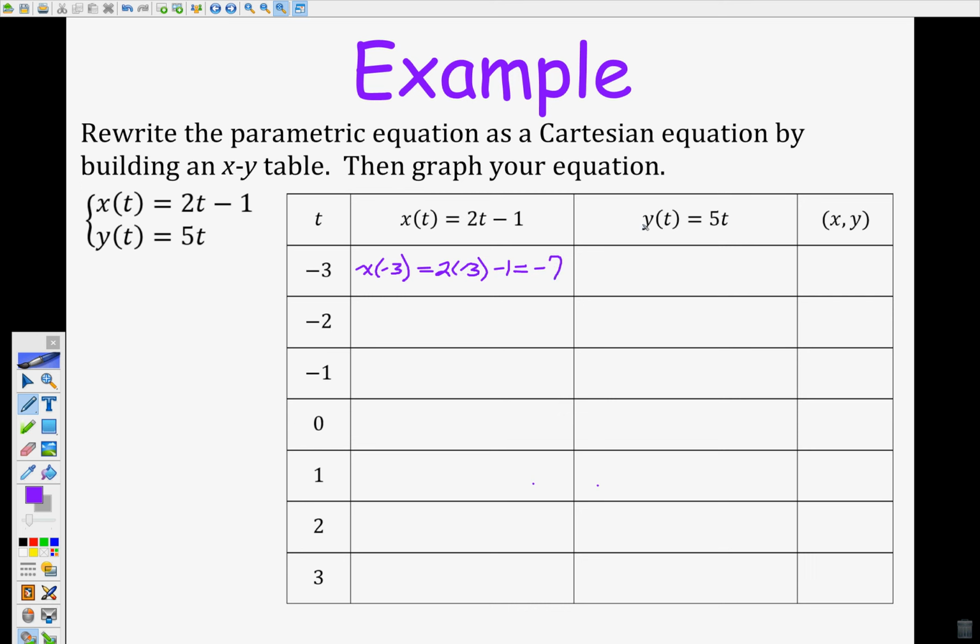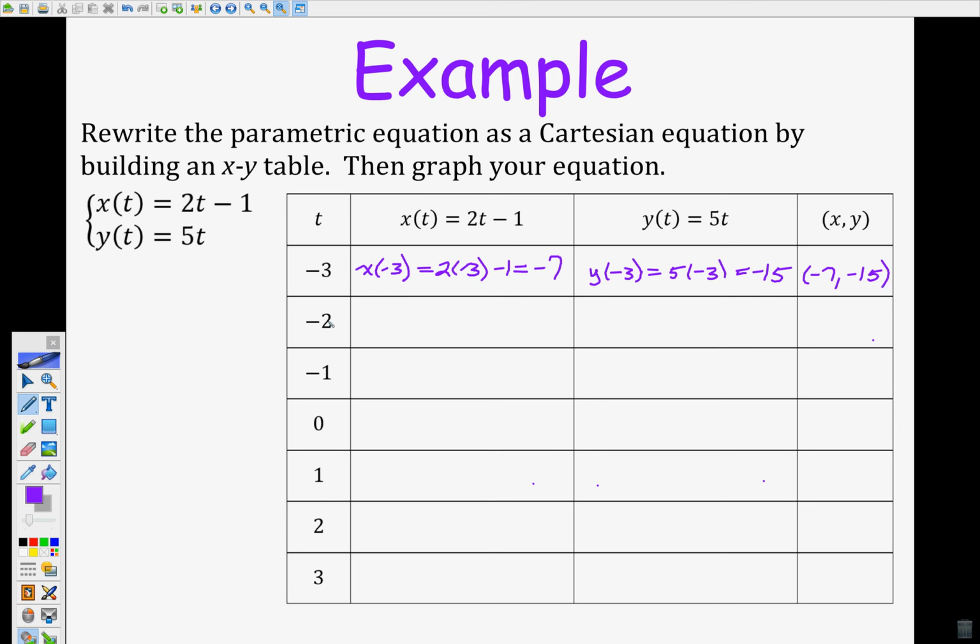And I'm going to do the same thing with my y of t. So I'm going to plug in -3 for t, and that gives me 5 times -3, which is -15. So these two equations give me the one xy point: when time is -3, x is -7, and y is -15.